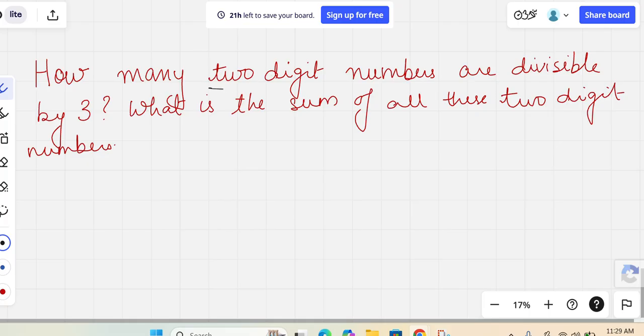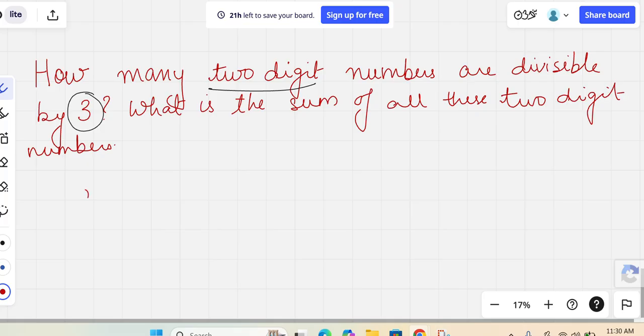How many two-digit numbers are divisible by 3? Let's do this together. Which is the first two-digit number which is divisible by 3? 12. Okay, that means for our AP, our first number is 12.